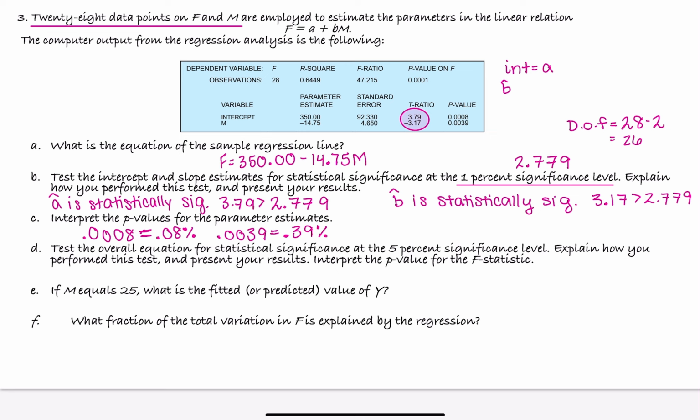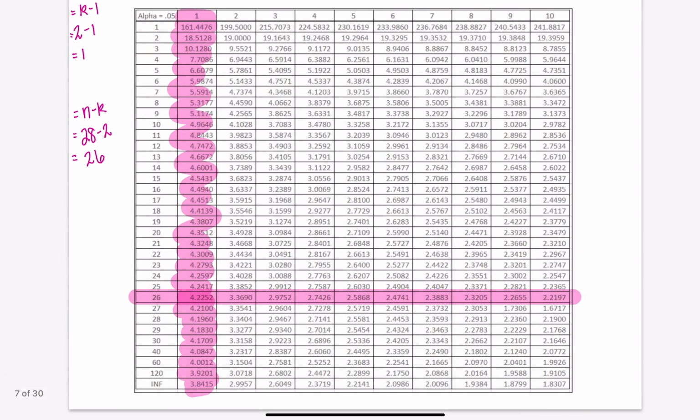Test the overall equation for statistical significance at the 5% level. In order to do this, we're going to use this F ratio up here. And you're going to need your F table, which again I just pulled from the internet, at the 5% level. For an F table, you need two different degrees of freedom. The first one is k minus 1. K is the number of parameters that we're estimating, so k minus 1 is just 1, which is highlighted here.